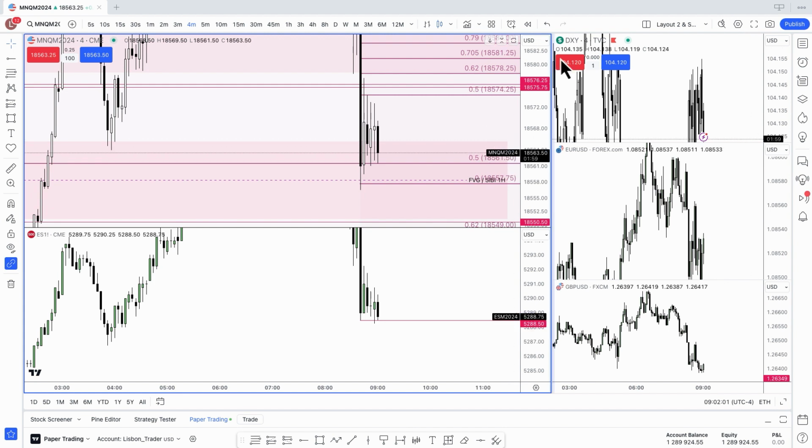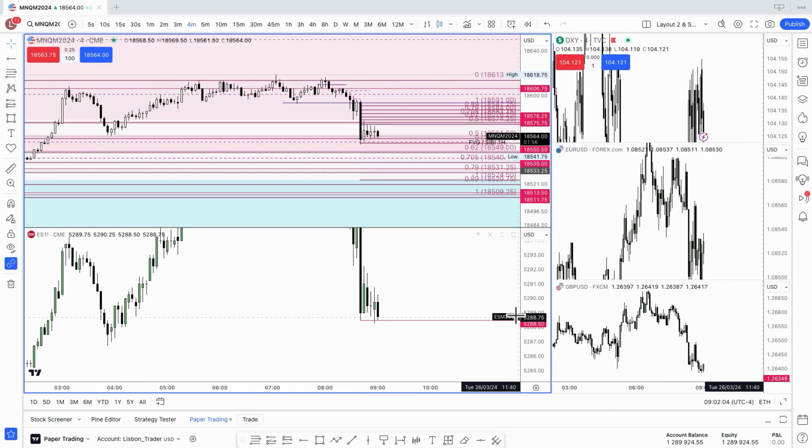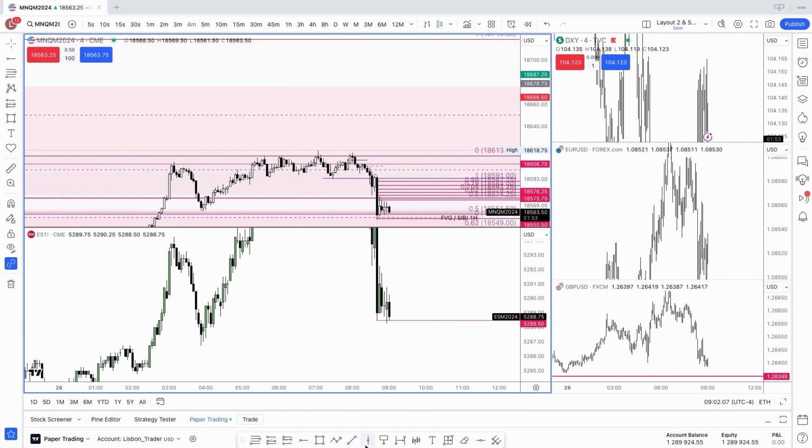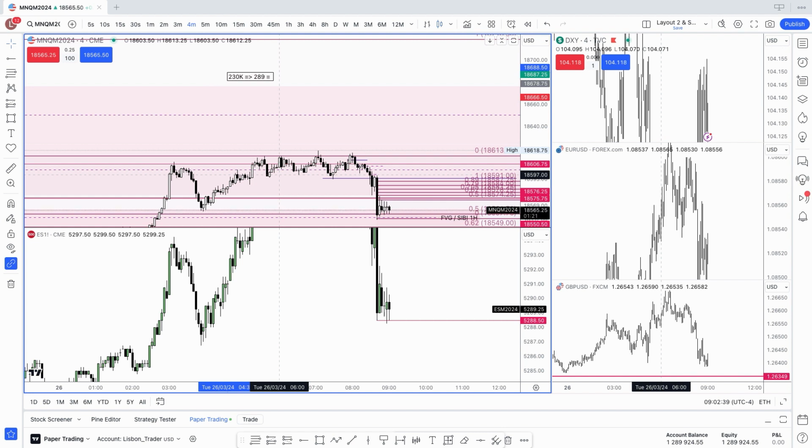So as a summary, we have a bumpy road again, and so we were sitting at 230, and now okay, profit, and now we are at 289, which is interesting. So let's see how many minutes we were also in the trade.